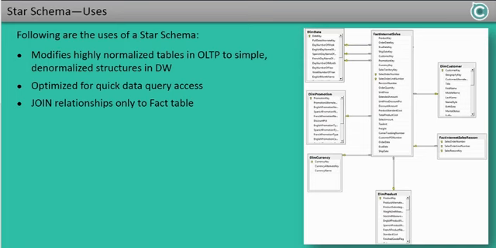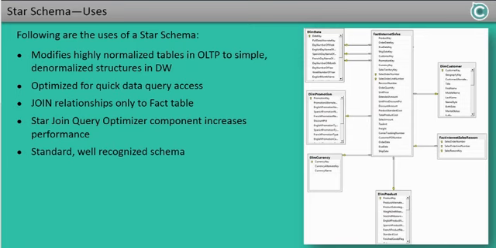A star join query optimizer component in SQL Server 2012 further optimizes this structure when it detects that the tables are arranged in a star schema pattern. The star schema is a standardized, well-recognized structure. It is not a Microsoft invention or used only in SQL Server.